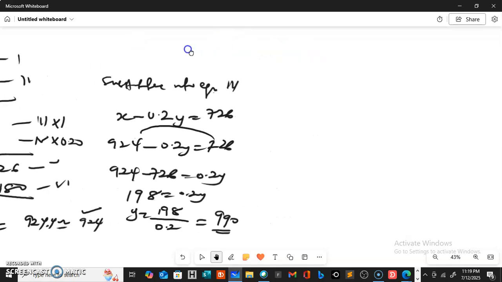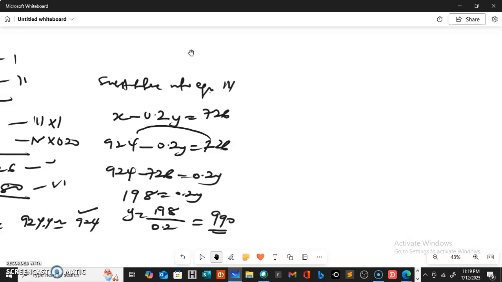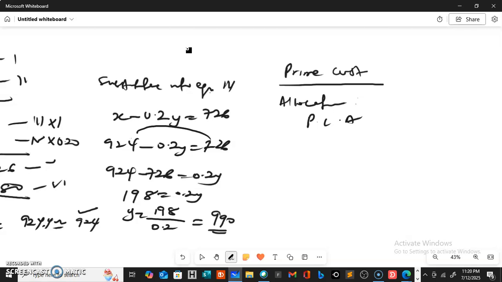For this question, to calculate the prime cost, we take the allocated cost, that is allocation to production center A. Let's put the thousand sign.